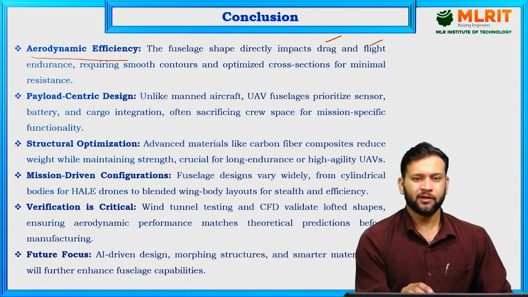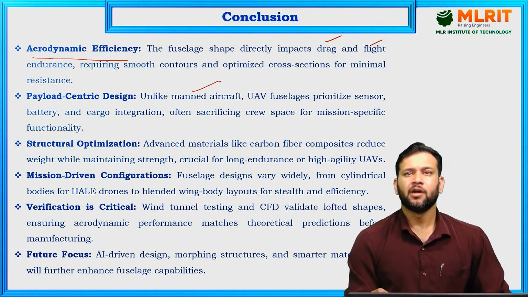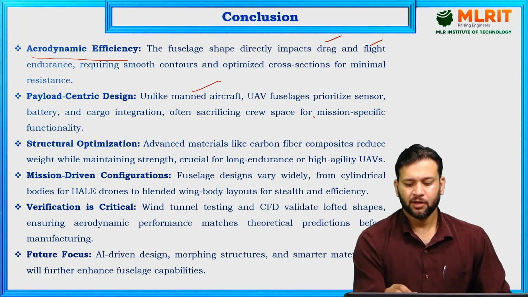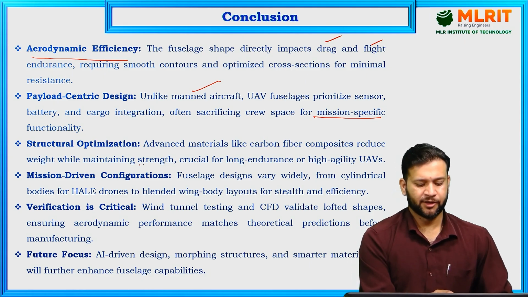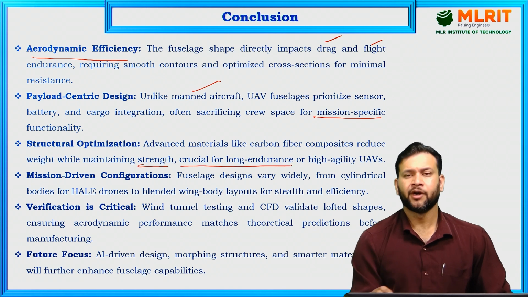Payload-centric design: unlike manned aircraft, UAV fuselages prioritize sensor, battery, and cargo integration, often sacrificing crew space for mission-specific functionality. Structural optimization: advanced materials like carbon fiber composites reduce weight while maintaining strength, which is crucial for long-endurance or high-agility unmanned air vehicle systems.